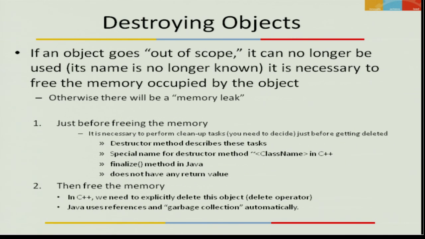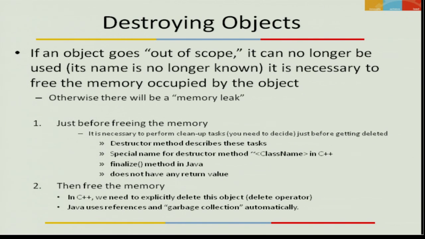Please understand this part very well: when the object goes out of scope, it cannot be used. Therefore, there is no way you know where that particular object is, but that memory is still occupied and not returned to the heap. If this phenomenon continues, it becomes a memory leak.